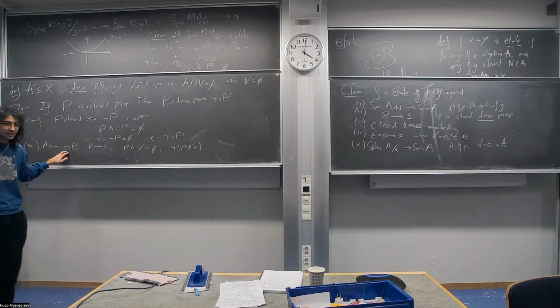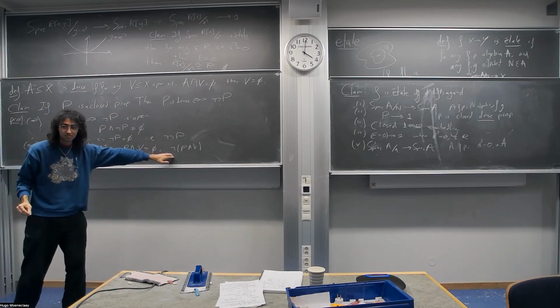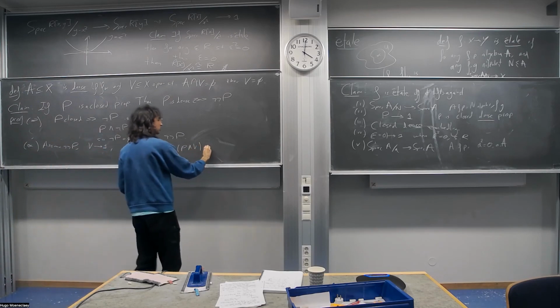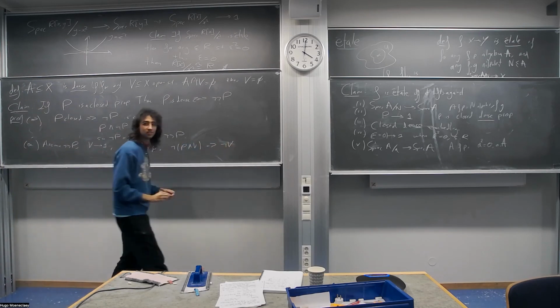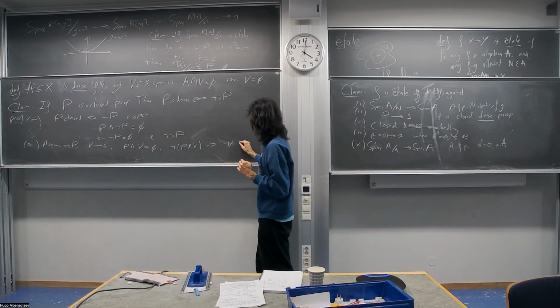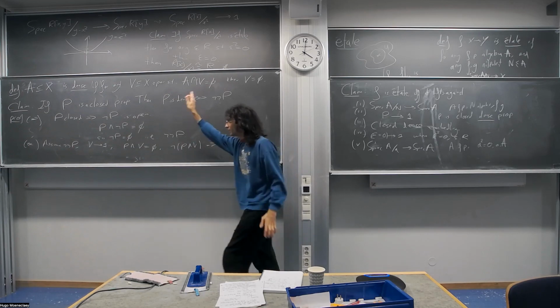But we know not P, and some intuitionistic logic will tell you that we then deduce not V. It's just pure logic at this point, which is the same thing as V being empty.